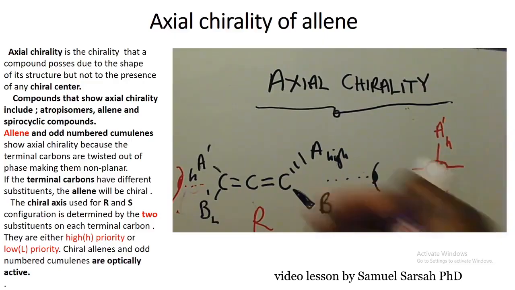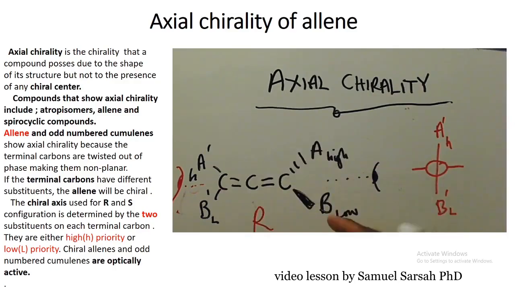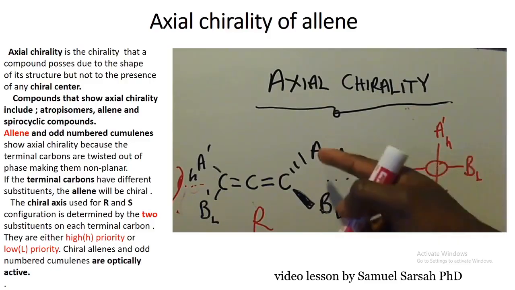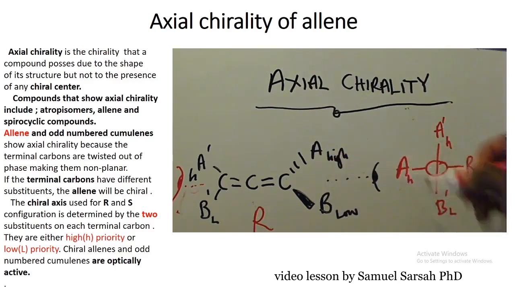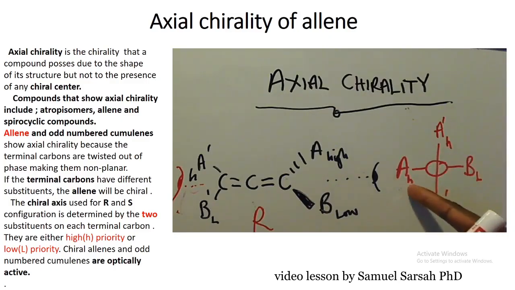If I'm looking at it this way, then I'll see B on my right, and then A will be on my left. The H stands for high, and the L stands for low or lower priority.